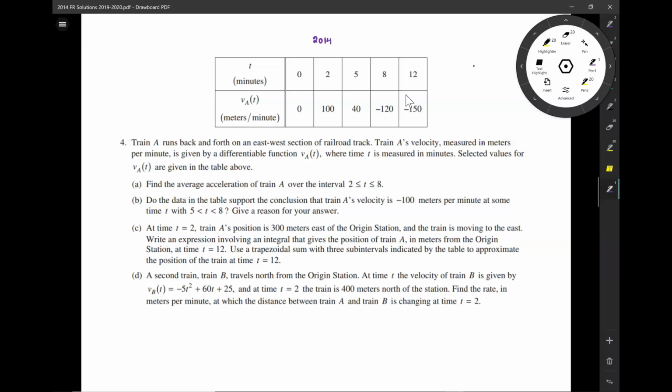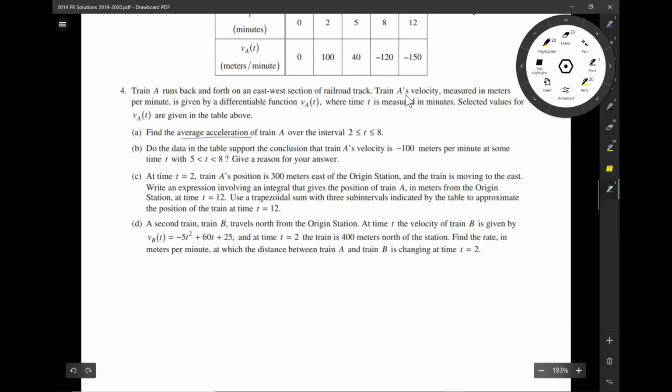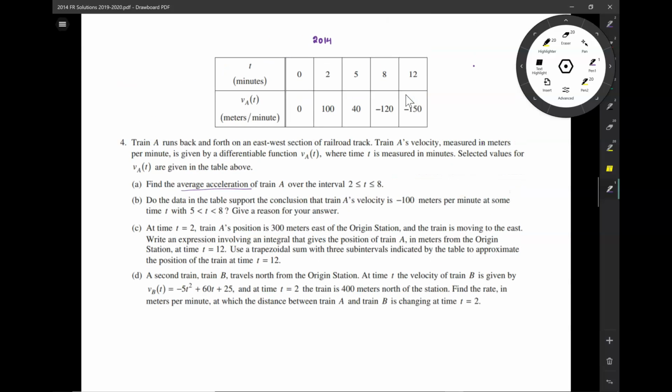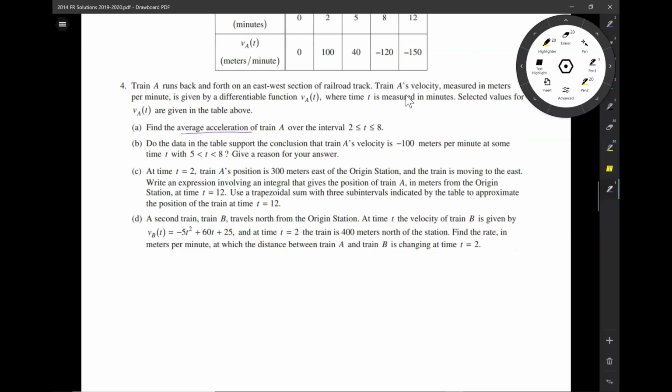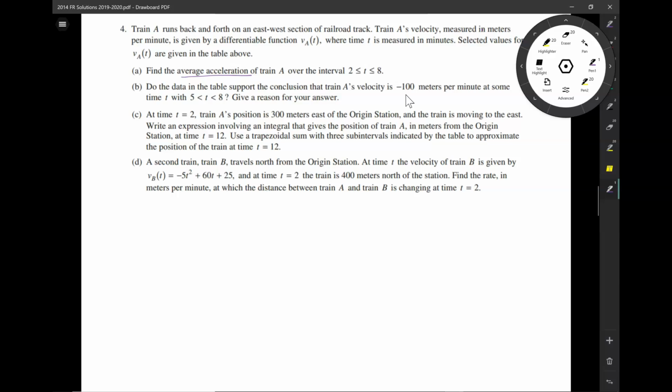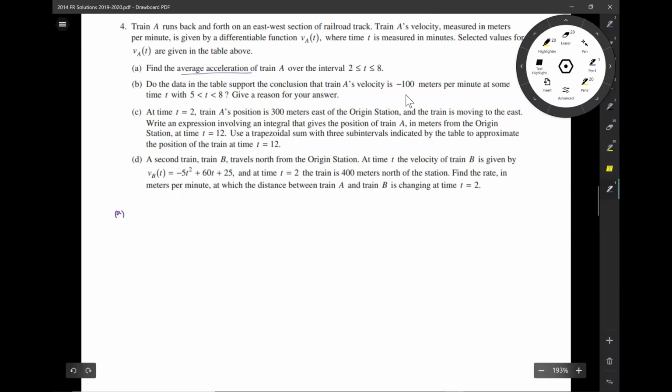So first, we need to find the average acceleration of train A over the interval. If you have velocity, average acceleration is the rate of change of velocity. So that's going to be part A, y2 minus y1. So v of 8 minus v of 2 over 8 minus 2.